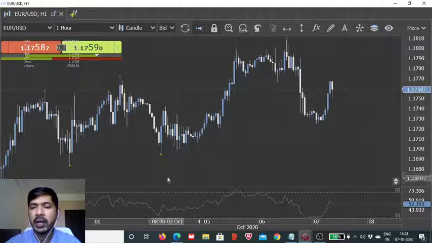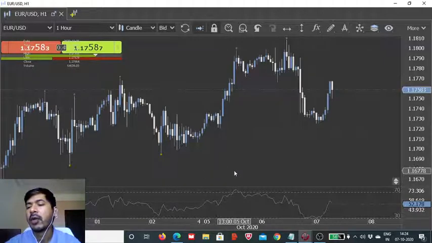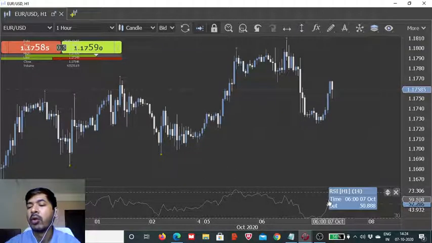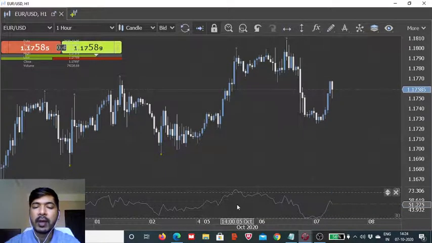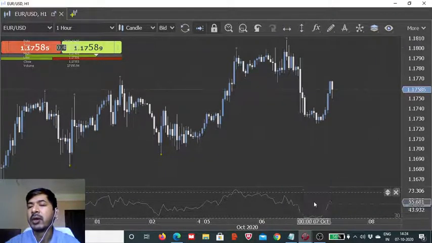And for the short sell trades, all we need is the value to drop below 50 after having been above 50 for an extended period of time, and that means the momentum is now strongly in favor of the sell trades, and we should also be looking at short sell trade opportunities.